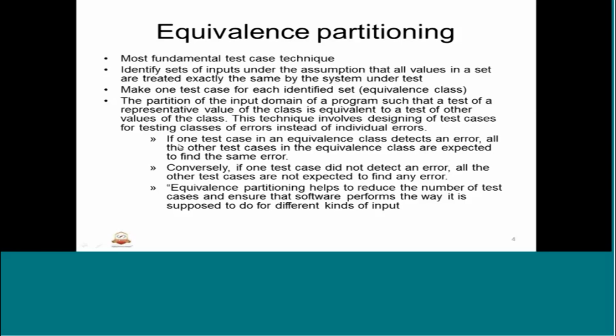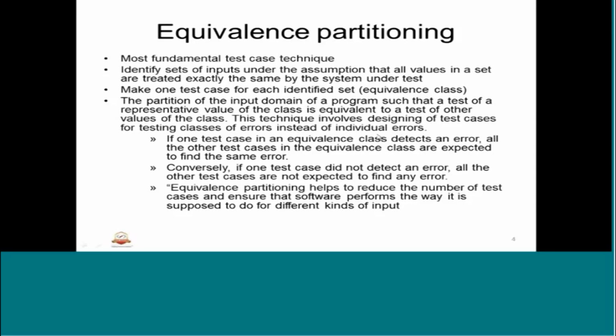Further, if one test case in an equivalence class detects an error, all other test cases in the equivalence class are expected to find the same error. That means the type of error it finds is the same. Conversely, if one test case did not detect an error, all the other test cases are not expected to find any error. That means in that group, if one test case is not finding an error, other test cases are also expected to not find any error.